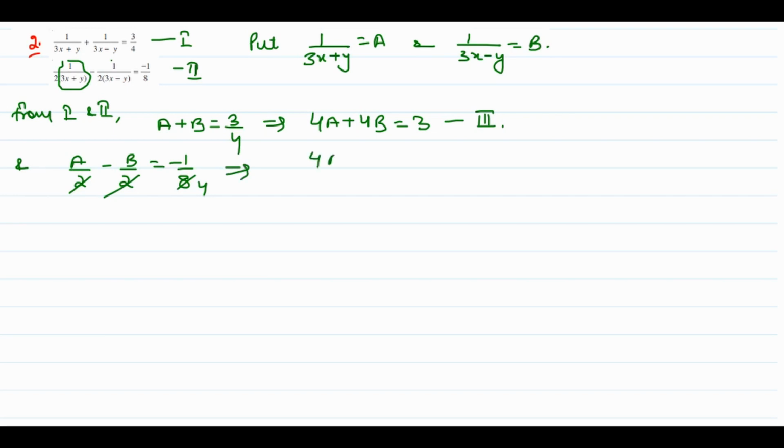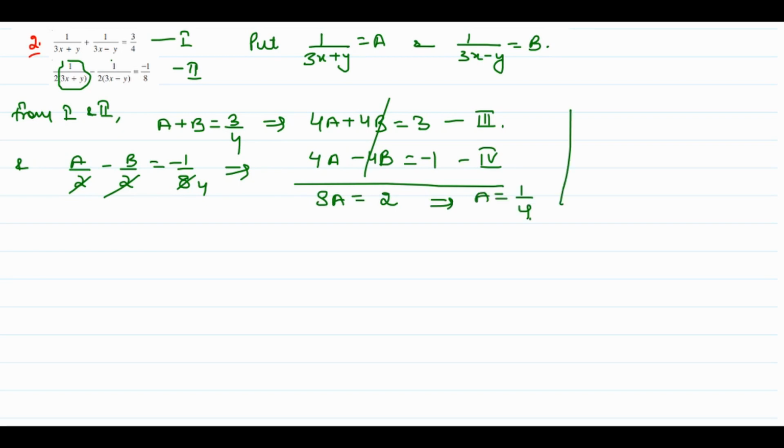So we'll get 4a minus 4b is equal to minus 1. Let this be number 4. Now this is an easier one at this stage. Simply add them. You will have 4b minus 4b cancelled. So 8a is equal to 2, implies a is equal to 1 by 4.